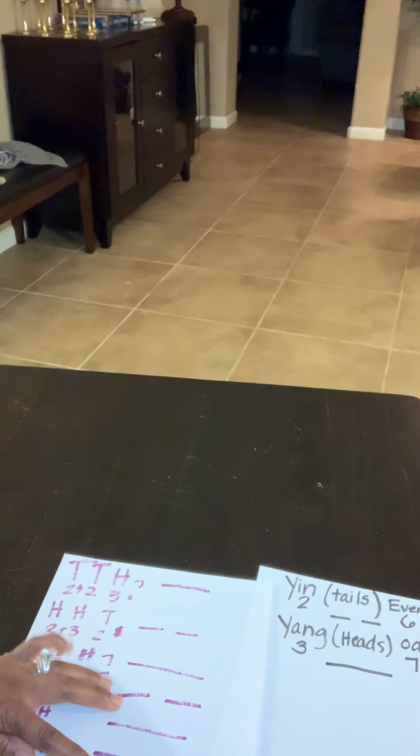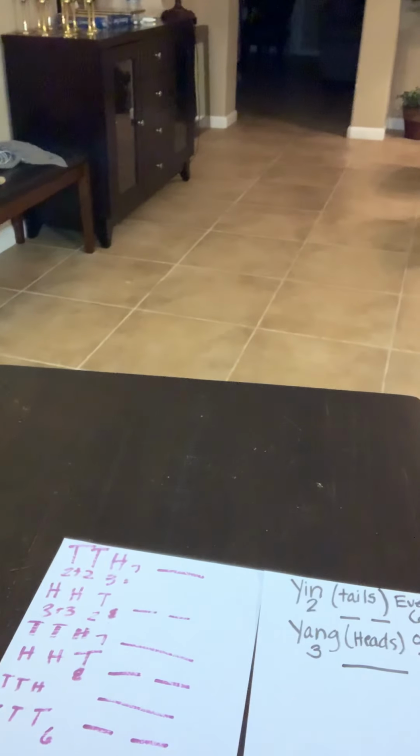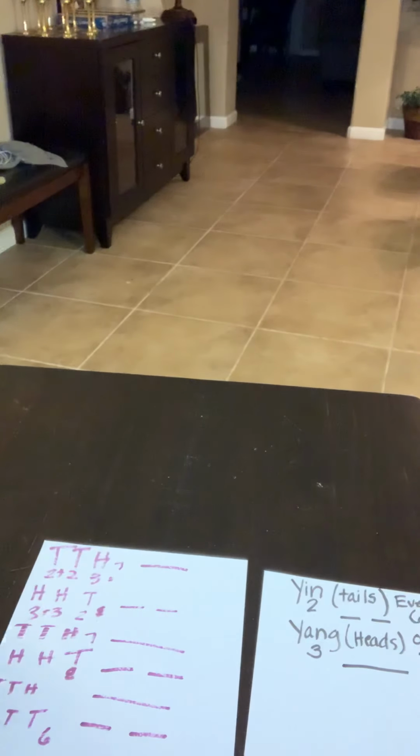So let's look in our book of divination and see what it is. Give me just a second to look at the divination. Okay, so we have solid, broken, solid, broken.